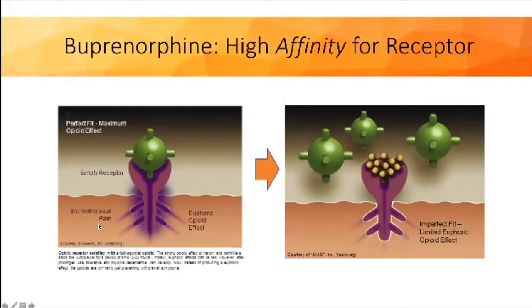There's going to be no withdrawal pain, but we're going to have some of the euphoria. In comparison, buprenorphine is an imperfect fit, so to speak, the partial agonist there. It's going to limit the euphoric opioid effect, which you can see because of the high affinity, low dissociation. These other opioid molecules are going to bounce off the receptor and not be able to bind there.